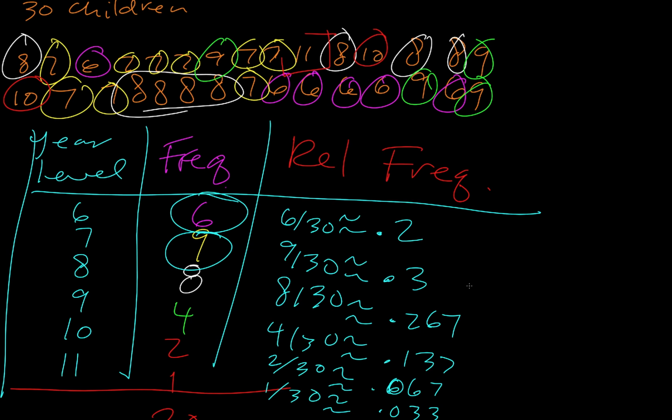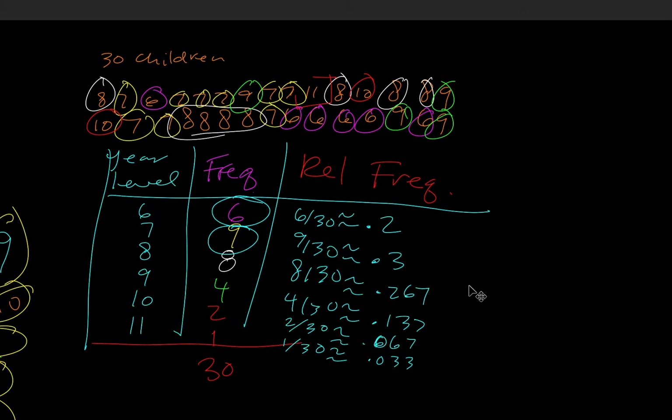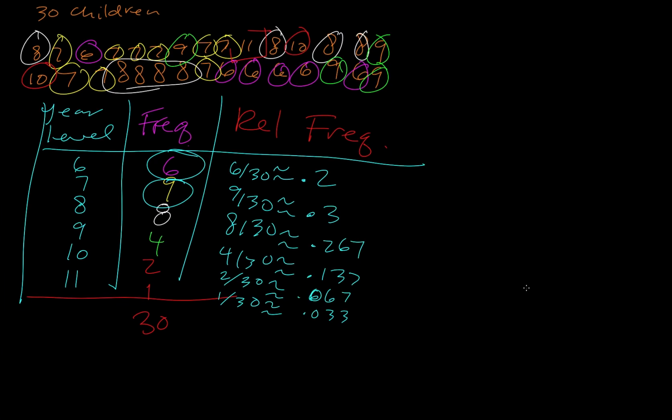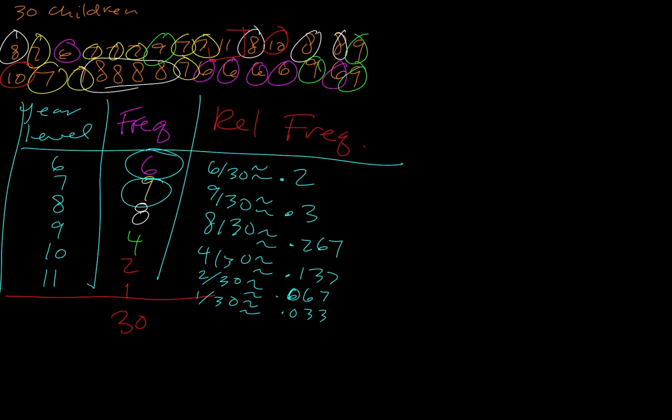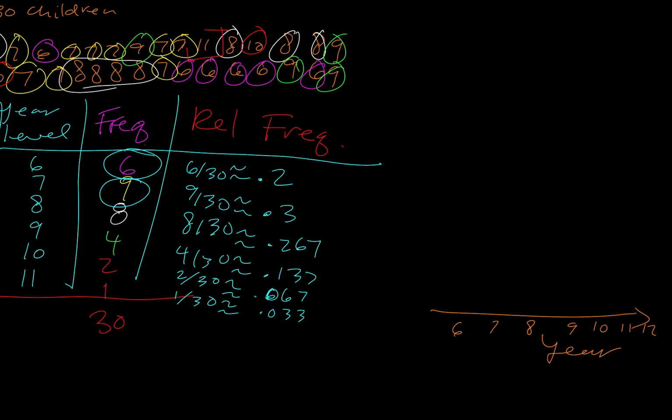Now, construct a column graph to display the data. So I'm going to zoom out again. Okay, so we're going to do year level right here. So year, and so that's going to be 6, 7, 8, 9, 10, 11, 12. Guess I ran out of a little bit of space.